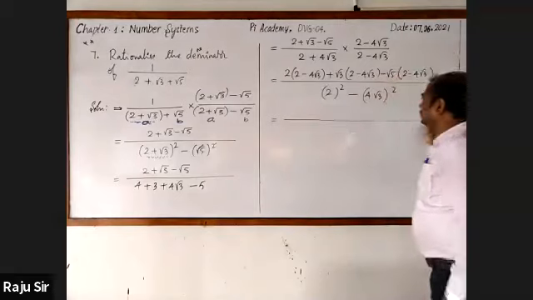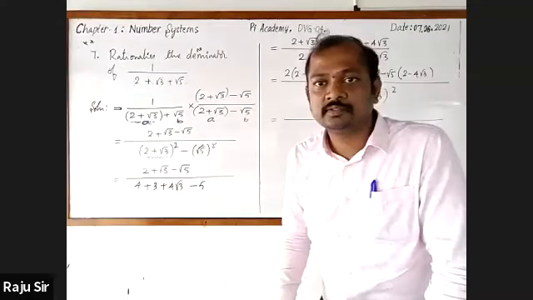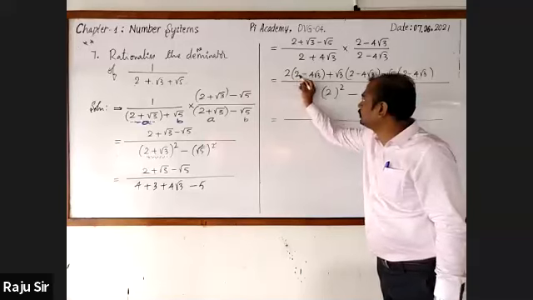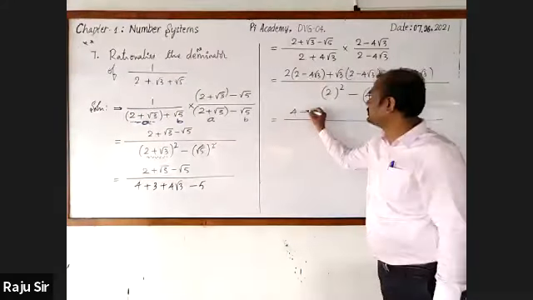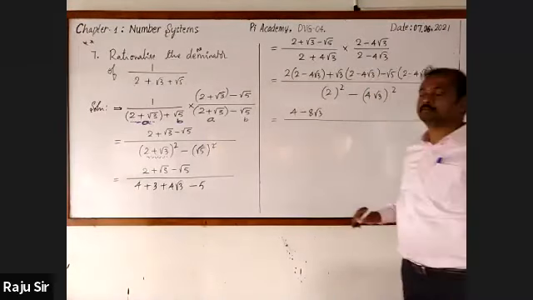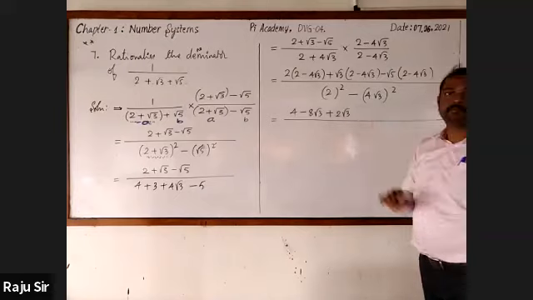Now, multiply this 2 with 4: 2 2s are 4. Minus 2 4s are 8 into root 3. Plus root 3 into 2 is 2 into root 3.